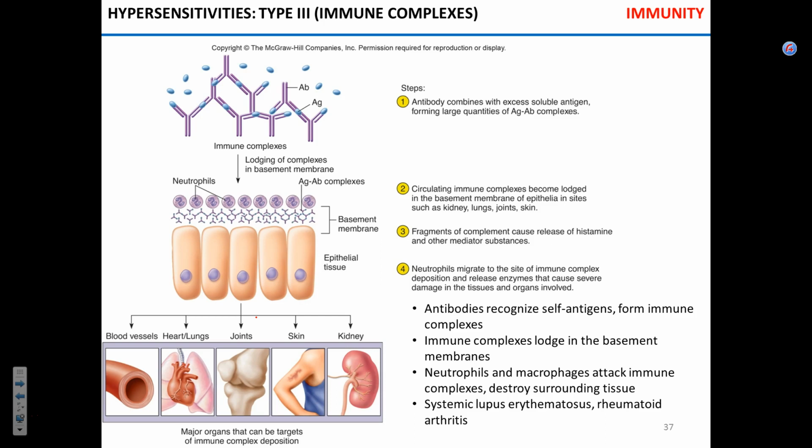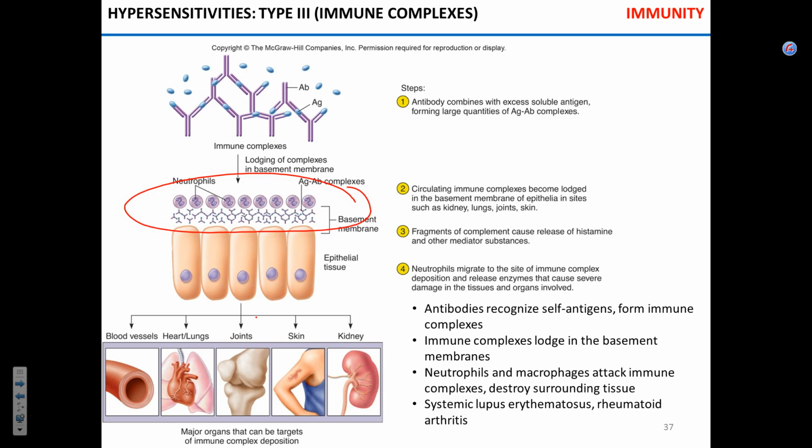Mostly, autoimmune diseases are mediated by type 3 and type 4 hypersensitivities. Type 3 hypersensitivity involves the formation of so-called immune complexes. In this instance, your B cells produce immunoglobulins, mostly immunoglobulin G, that bind to your own antigens.